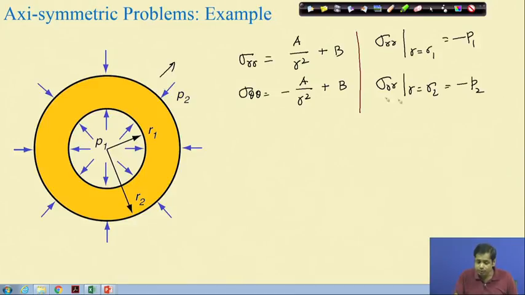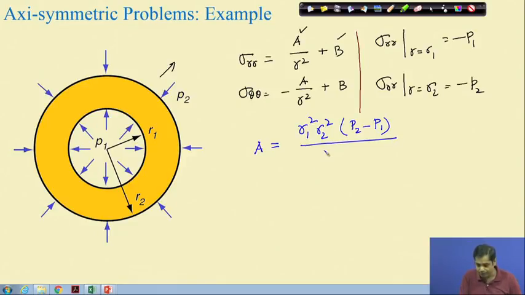Now, if we substitute this into this expression, we have two constants, A and B, and two equations. If you substitute that, we will get the expressions for A and B as this. Please do this exercise. I am writing the final expression only: A is R1 square R2 square into P2 minus P1 by R2 square minus R1 square.